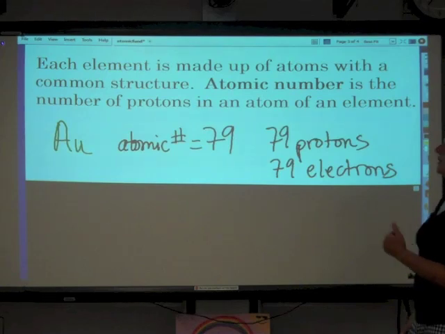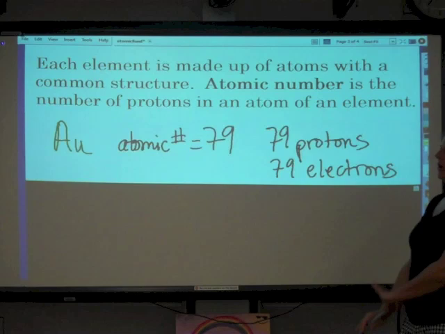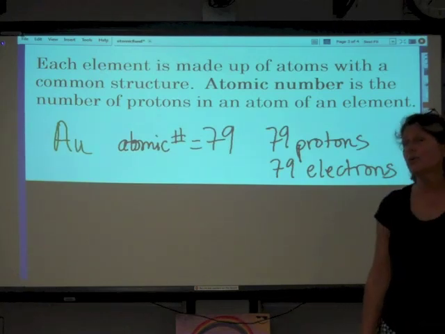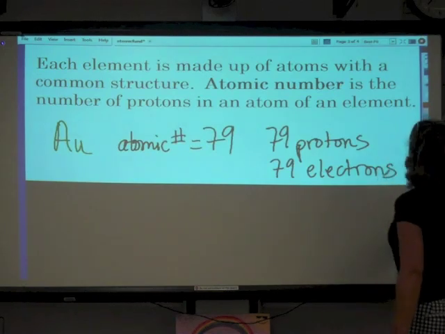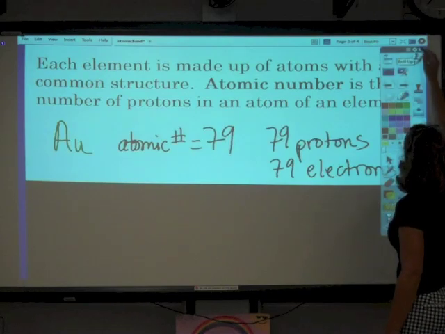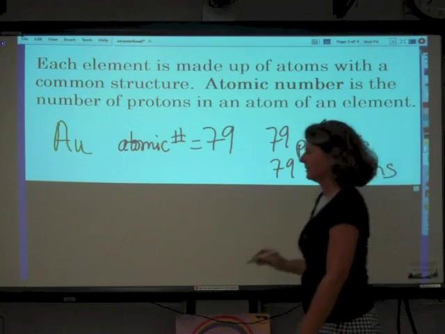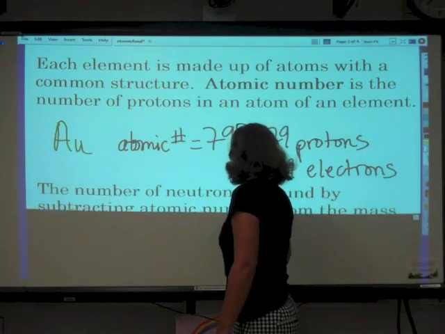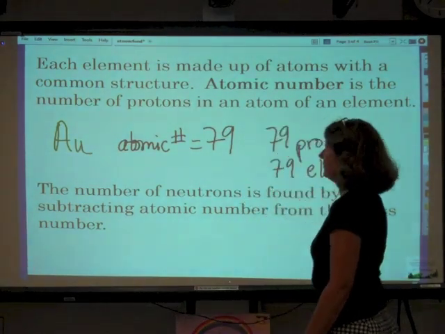Now, for elements, their number of protons are always the same, but their number of neutrons can actually vary depending on what isotope of that element we're looking at. So, the number of neutrons is a little more complicated to figure out.